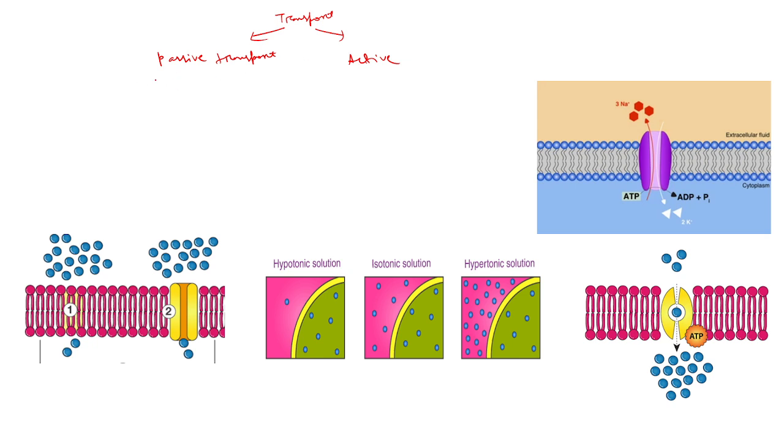So what is passive transport? Passive transport means any molecule which can be transported without the use of energy, while active transport moves molecules into the cell or outside the cell by using energy.